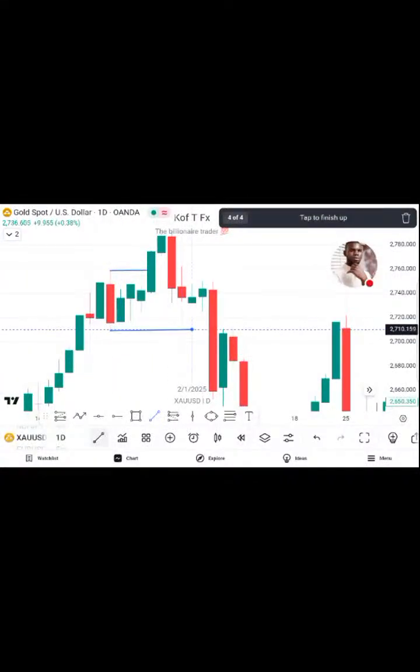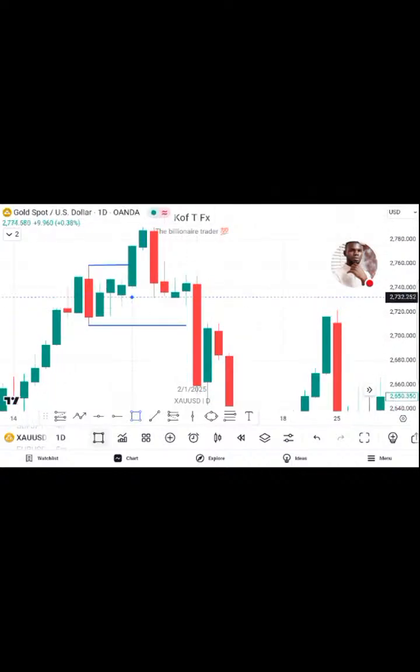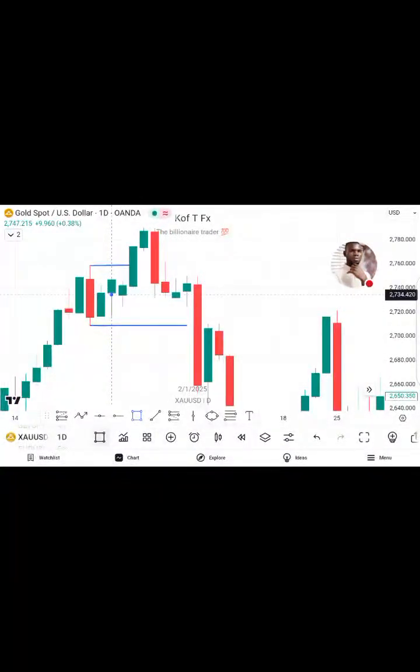This is the daily time frame. I'm just doing my top down analysis. I want to understand the actual movement. But before it was broken, let's expect a demand zone.